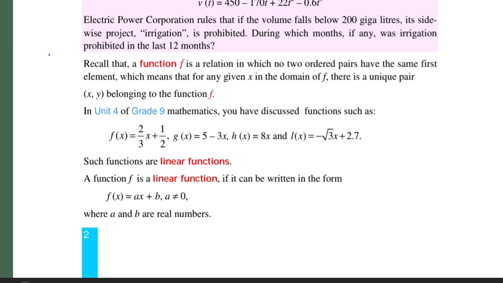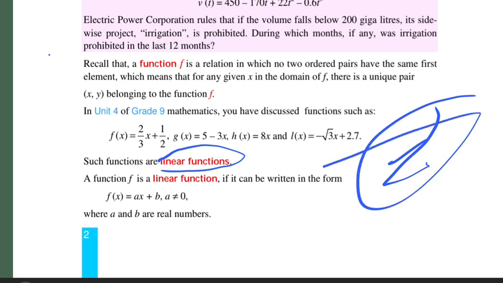This function is a linear function, and the degree of a linear function is 1, because x here is x to the power of 1.